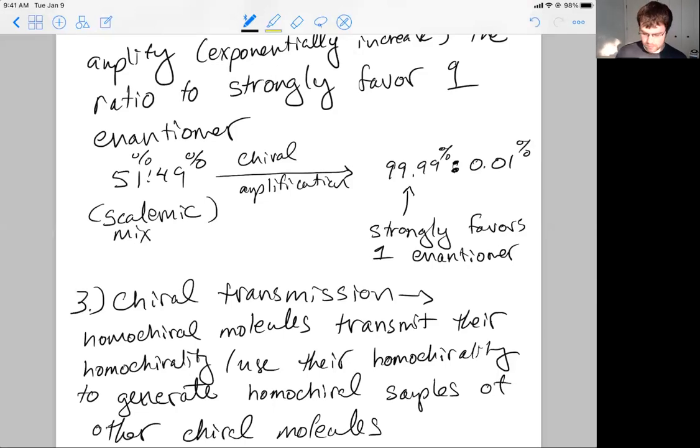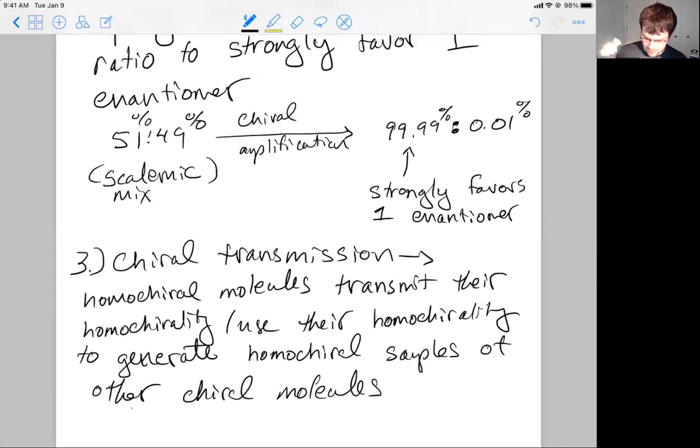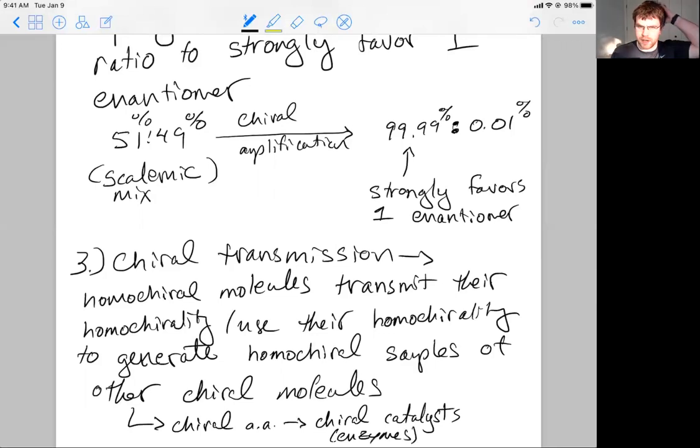And so a big example of this is where we have chiral amino acids make chiral catalysts. And these are our enzymes. And the functional diversity of enzymes is used to produce other biomolecules.